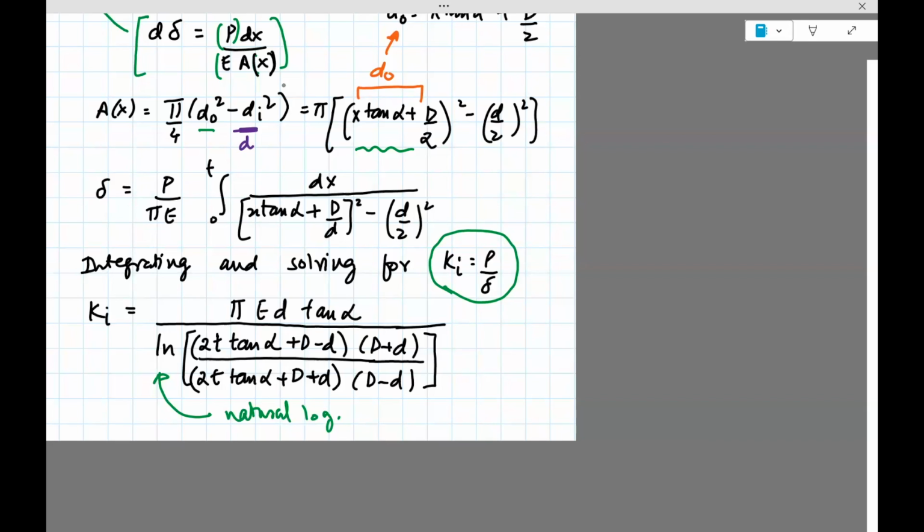So when you're using your calculator, you need to use the one which says ln, right? Do not use log, because it's usually base 10. This is not what it is. It's the natural log, log to the base e.